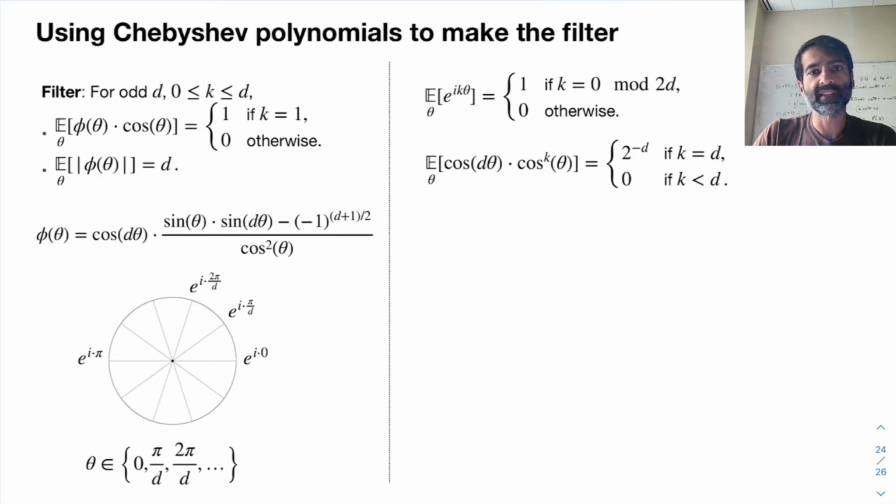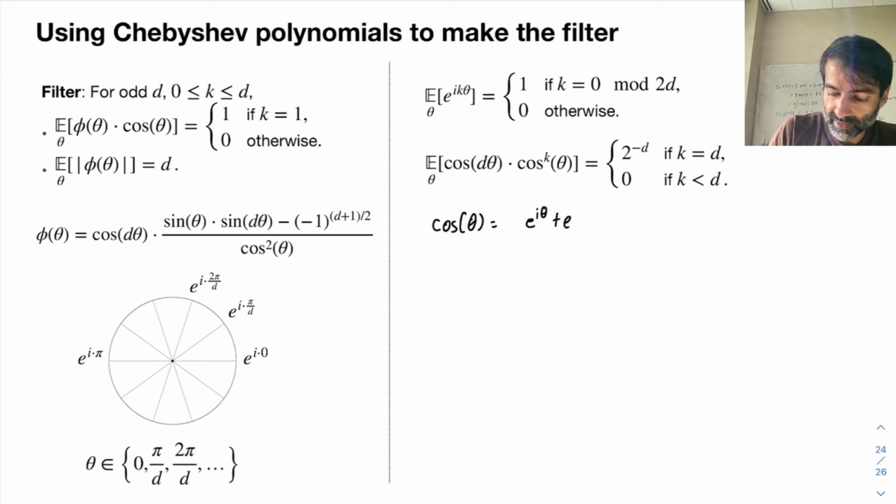A consequence of that is that if you take the expectation of the product of cosine d theta with a polynomial in cosine k theta, where k is less than d, you'll get 0. And if k is exactly equal to d, you'll get 2 to the minus d. One way to see this is to use the identity cosine theta is equal to e to the i theta plus e to the minus i theta over 2.